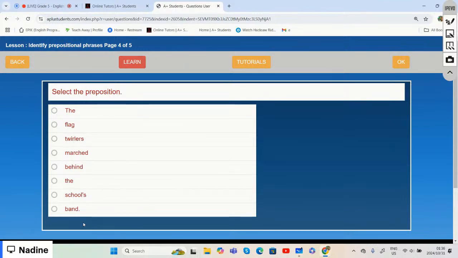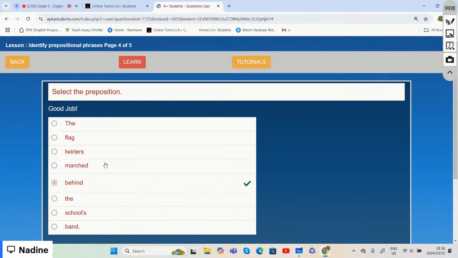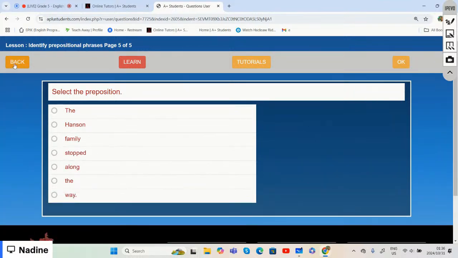If we were to select the preposition, it is "behind".